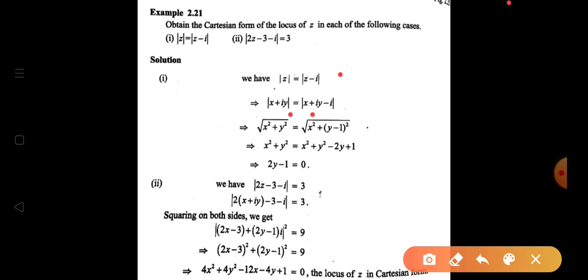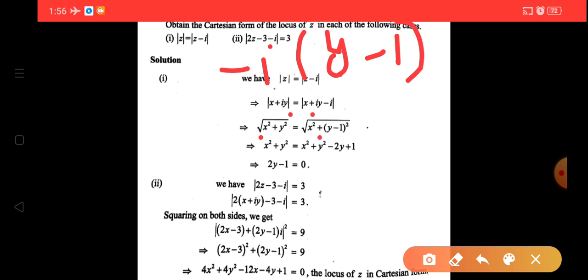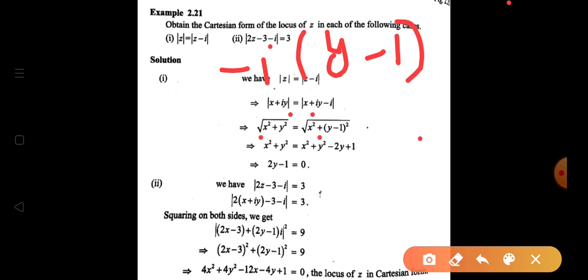First, modulus of x plus iy is the square root of x square plus y square. On the right hand side, the real part is x, so x square. And the imaginary part, here there are two parts, iy minus I. We take out the common factor I, we get y minus 1, so y minus 1 whole square.